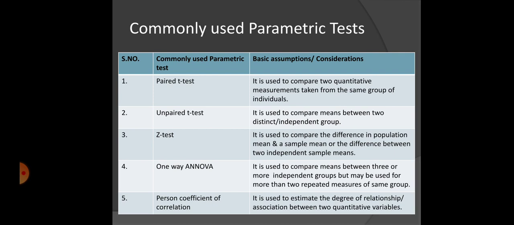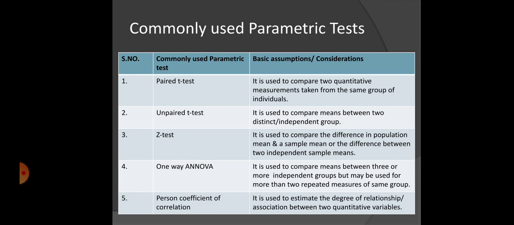The paired t-test is used to compare two quantitative measurements taken from the same group of individuals. The unpaired t-test is used to compare means between two distinct independent groups. The z-test is used to compare the difference in population mean and a sample mean, or the difference between two independent sample means.